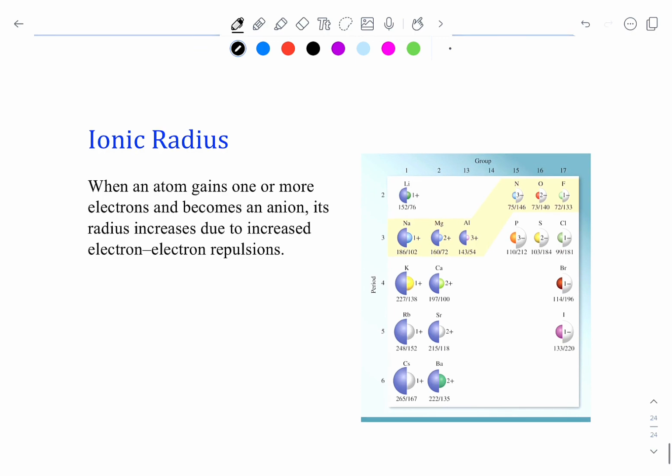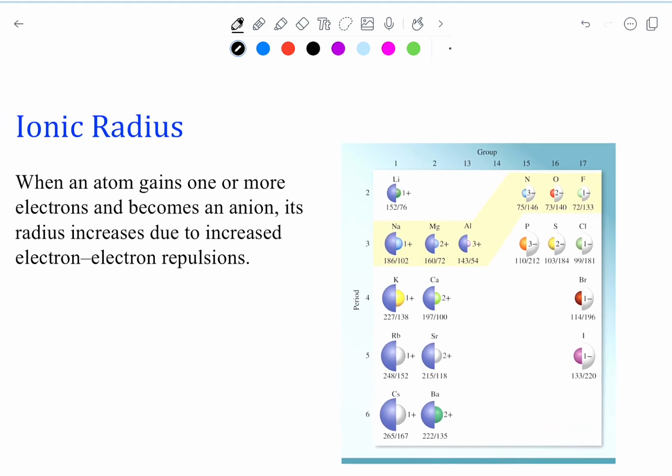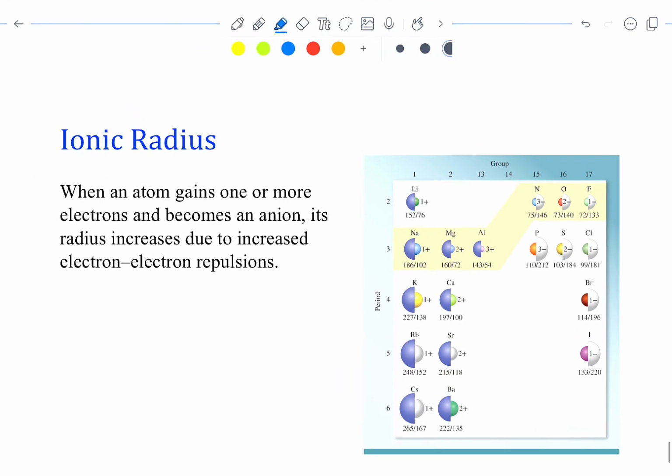Now, when an atom gains one or more electrons and becomes an anion, so we're making an anion, we're looking at our non-metals over here, groups 15, 16, and 17, or 5A, 6A, and 7A. The radius is going to increase because we're increasing our electron-electron repulsions.